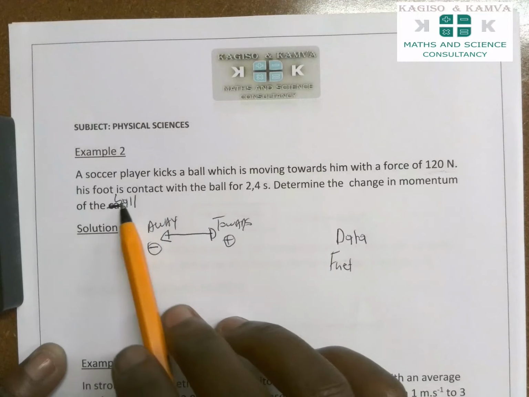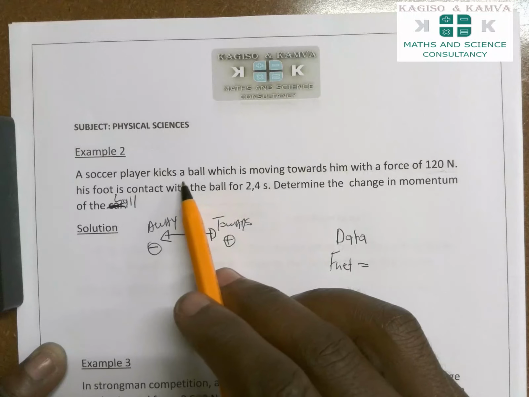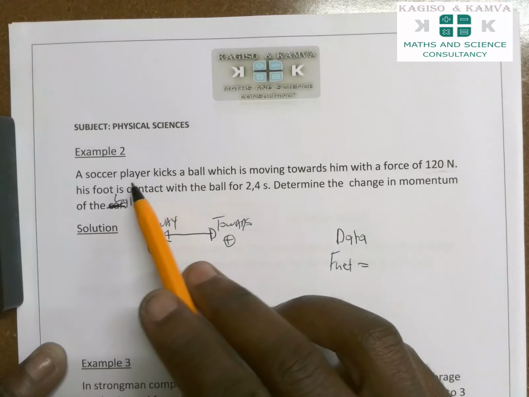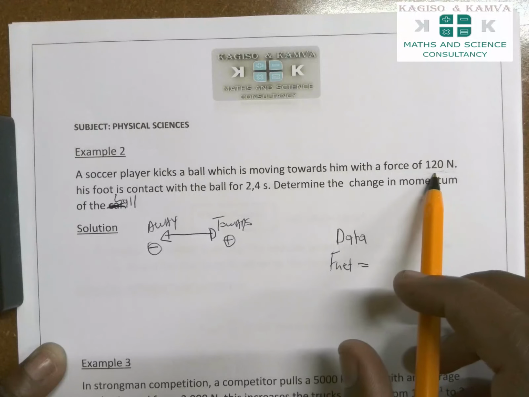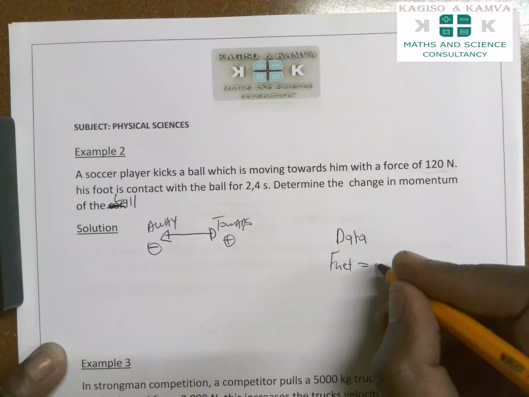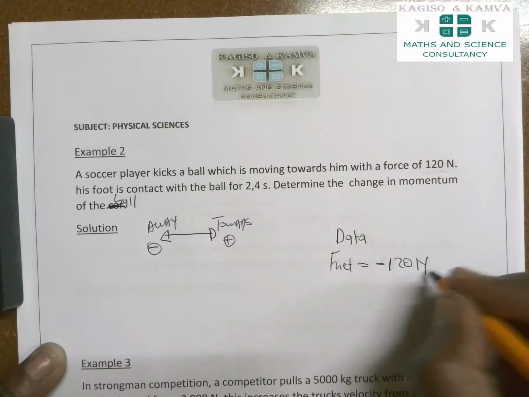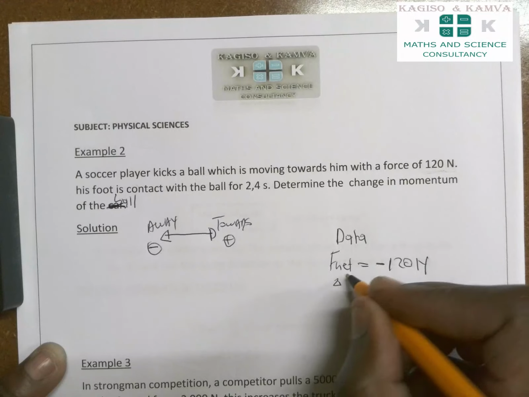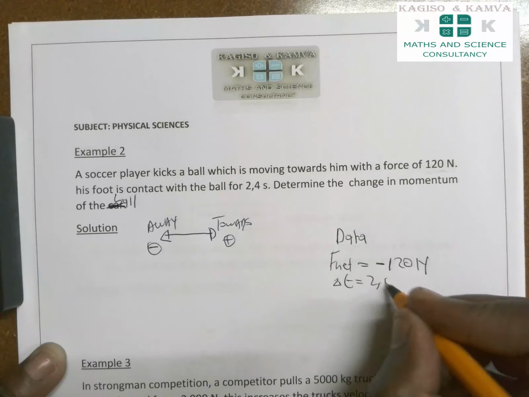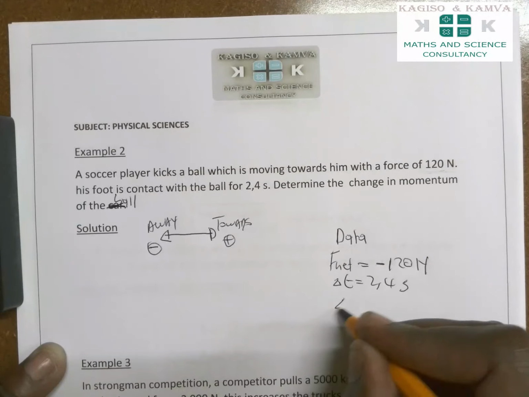Now a soccer player kicks the ball which is moving towards him with a force of 120 newtons. It means the force will be exerted in the opposite direction, negative 120 newtons. His foot is in contact with the ball for 2.4 seconds. Determine the change in momentum.